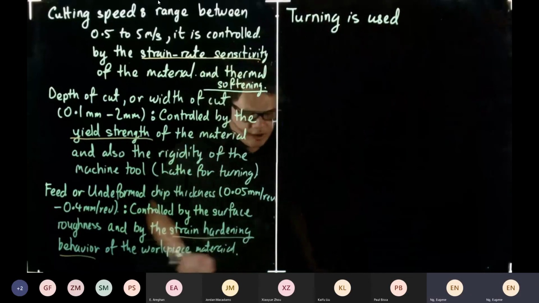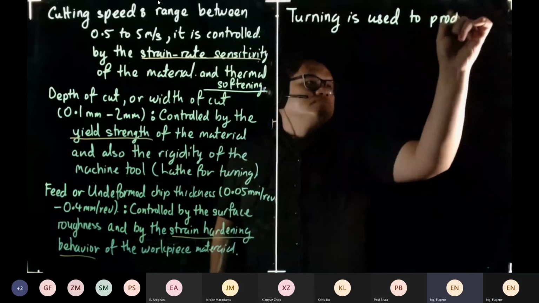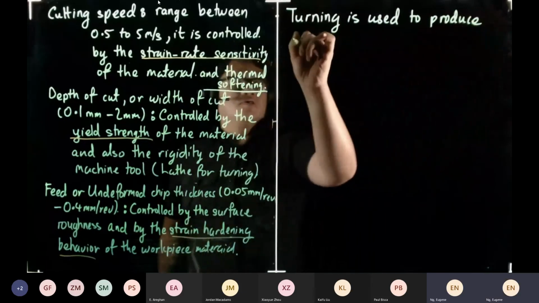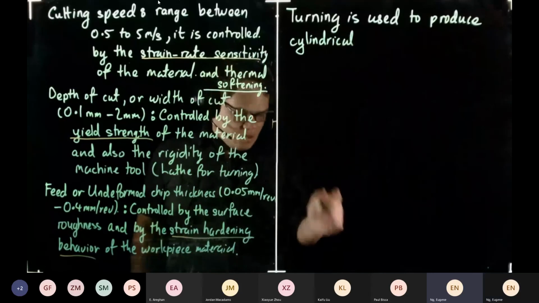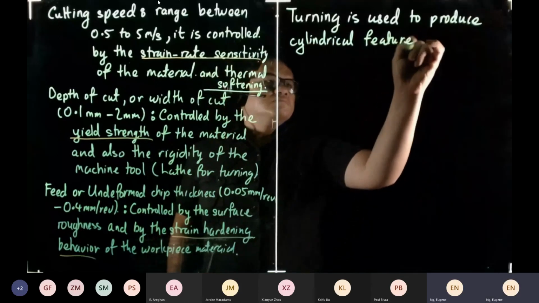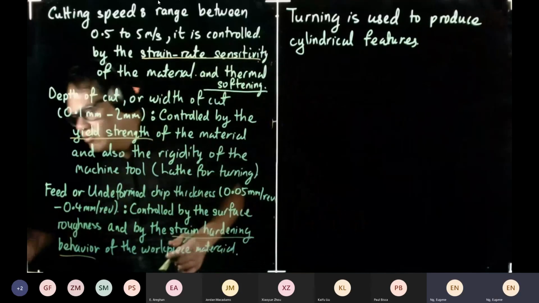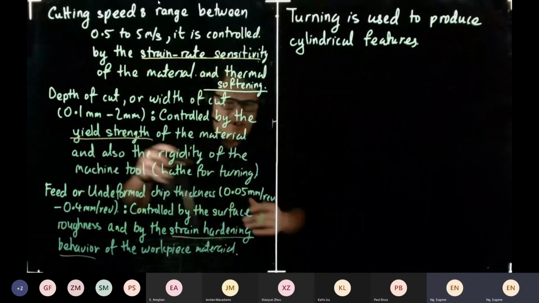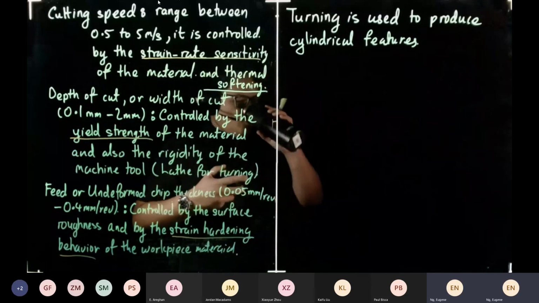Turning is used to produce cylindrical features. If it's not cylindrical, you cannot use turning. You have to use milling. This is because of the nature of the process, that the workpiece is spinning, right?